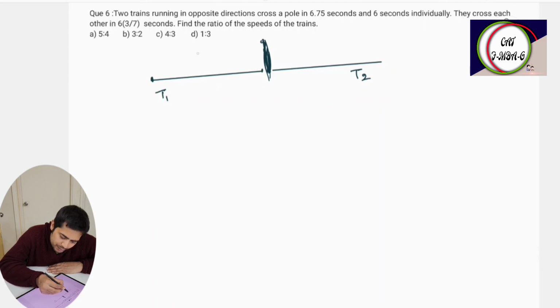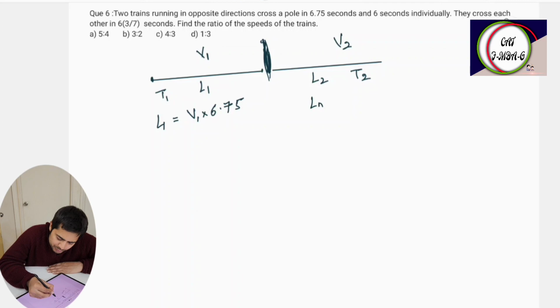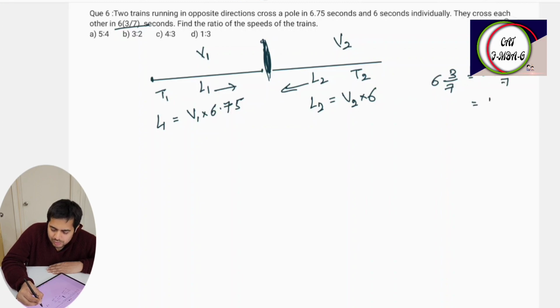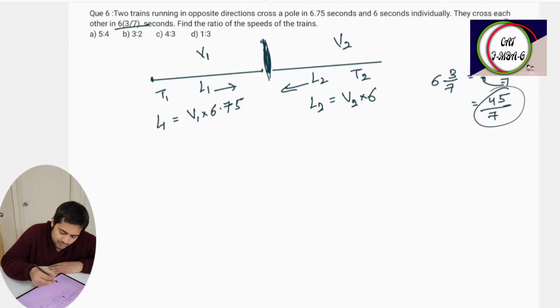Let the speeds of the trains be V1 and V2, and the lengths L1 and L2. So L1 is equal to V1 into 6.75, since distance is speed into time, and this train crosses the pole in 6 seconds, so L2 is equal to V2 into 6. They cross each other in 6 plus 3 by 7, which is 45 by 7.